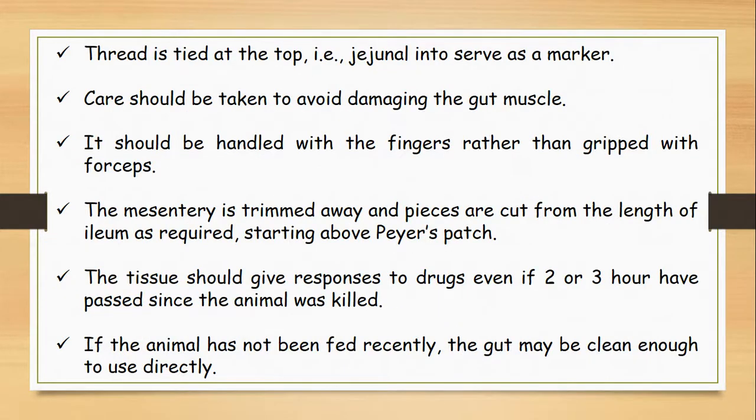Thread is tied at the top, that is jejunal, end as a marker. Care should be taken to avoid damaging the gut muscle. It should be handled with the fingers rather than gripped with forceps.